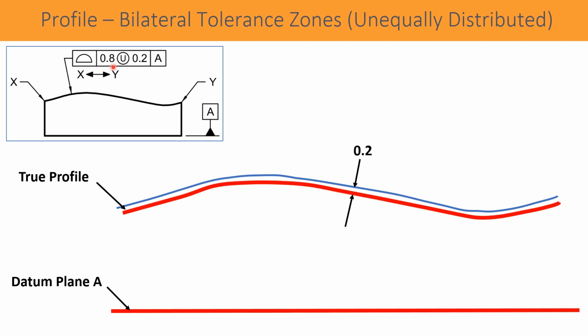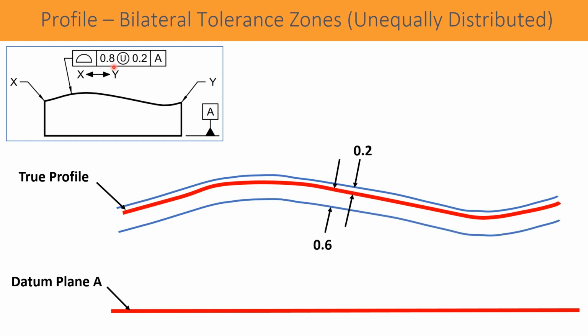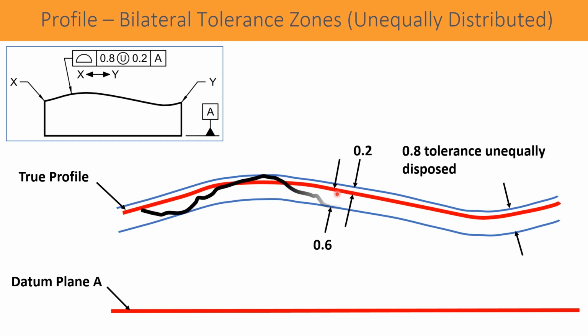So automatically, with a simple subtraction, 0.6 is the tolerance zone below the material or the negative side. So the total tolerance zone is 0.8: above the material, or the nominal or true profile, it is 0.2, and below the material or the negative side it is 0.6. This is how it is represented.